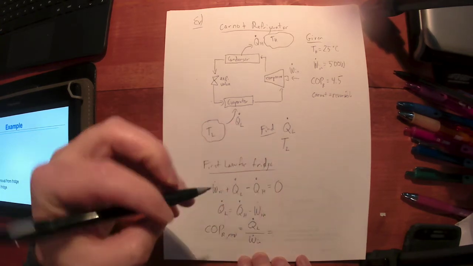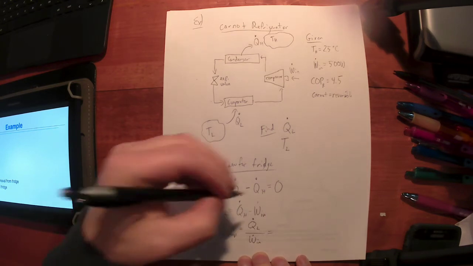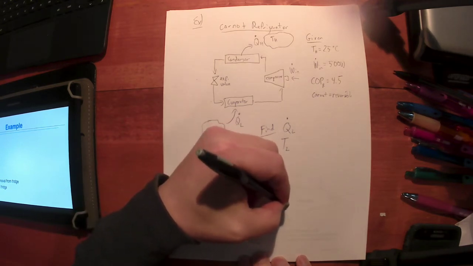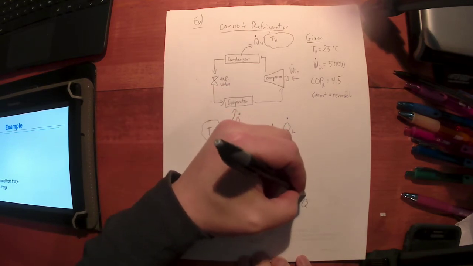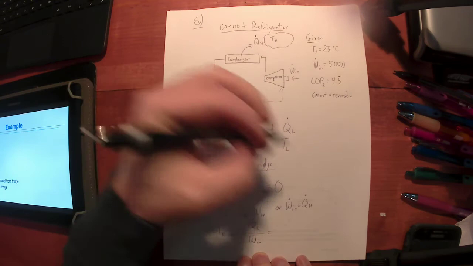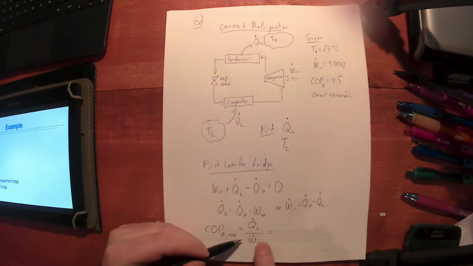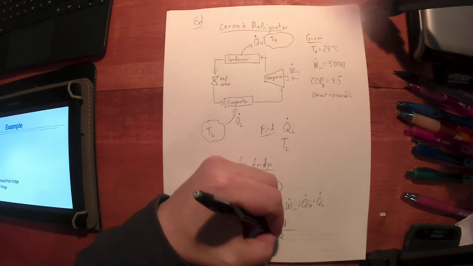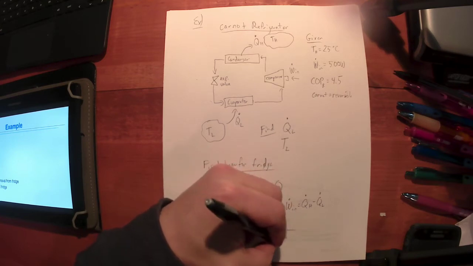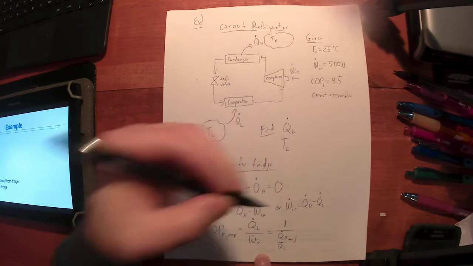Now, if I take this and substitute, we did this in a previous lecture. We said the power input is equal to QH minus QL. I'm going to plug that in down here and modify this equation. So this simplifies down to 1 over Q dot H over Q dot L minus 1.